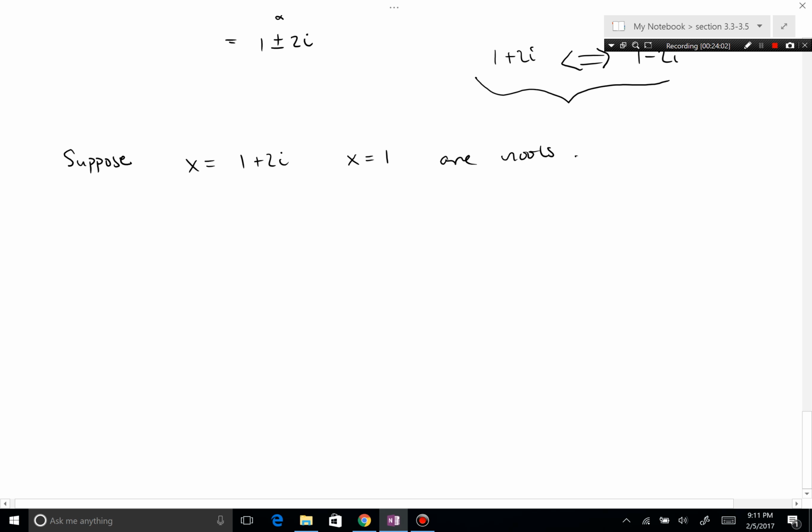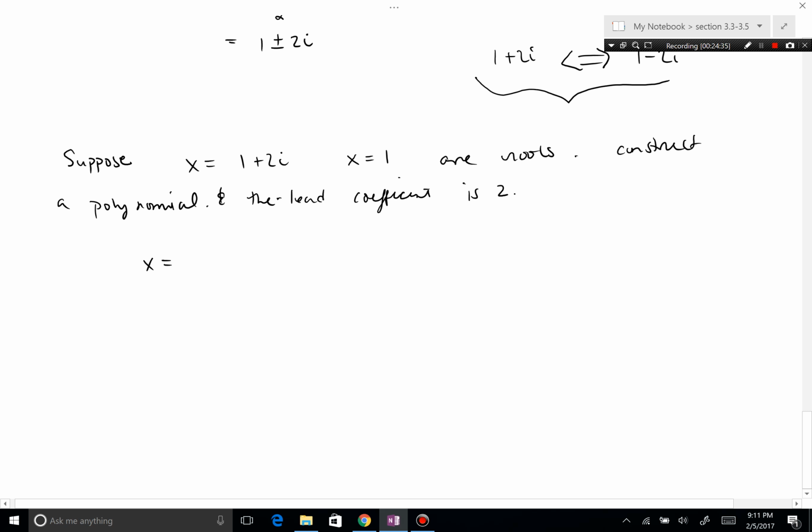I want you to construct a polynomial where these are the only roots. And what the heck, also make it so the lead coefficient is 2. All right, guys, so here we go.